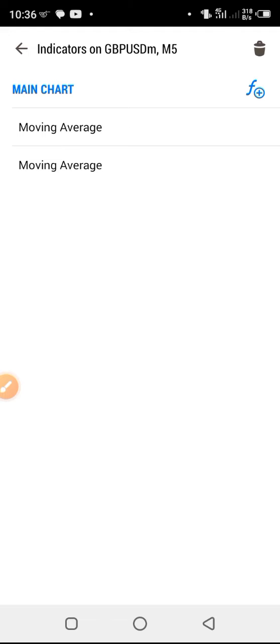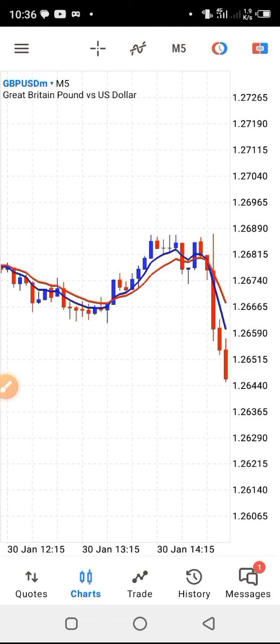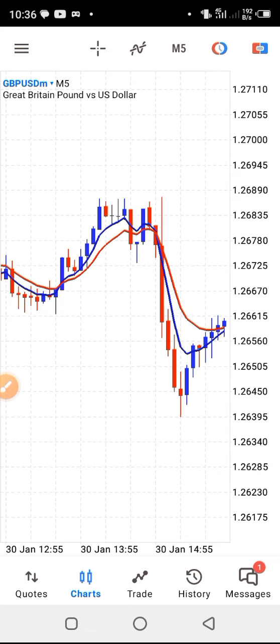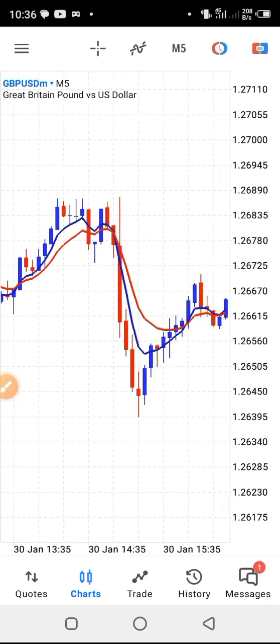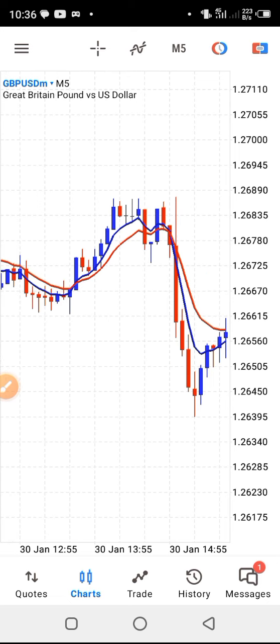So let's go back to the charts. Everything will be on the chart now. So I have the blue and the red on the charts. Let me turn the blue to black so it will be more obvious. The blue is aligning with the color of the candle.